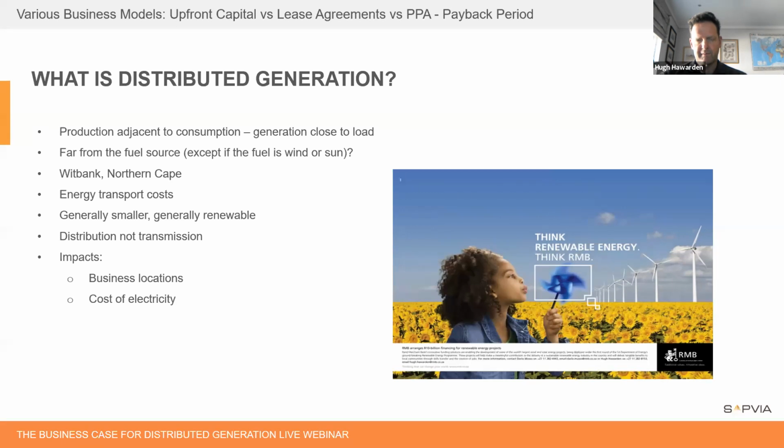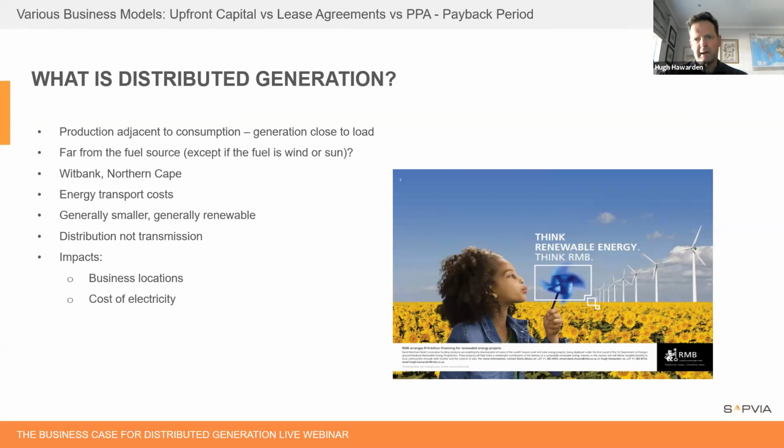A good example is the Mosel smelter in Mozambique, which gets its energy from Witbank in South Africa, and a special transmission line was built. The Matraca line was built primarily to cater for that.